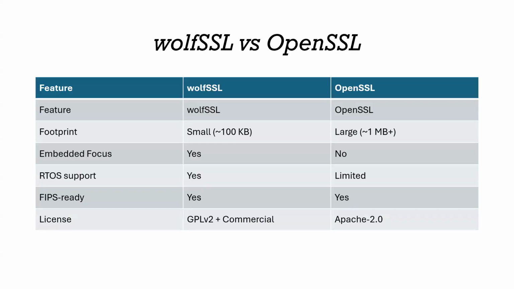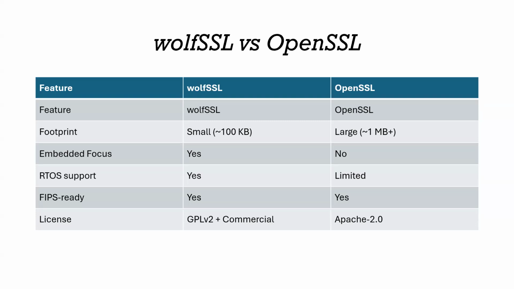This is a small comparison between wolfSSL and OpenSSL. The footprint is very small. It is approximately 100 KB, but sometimes it can be much less than 100 KB if you don't need all the features. We can customize this down to 20 KB.